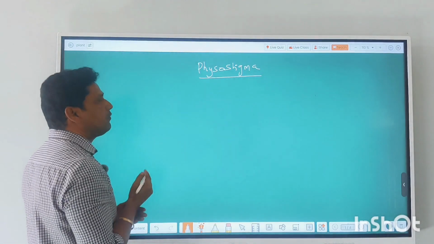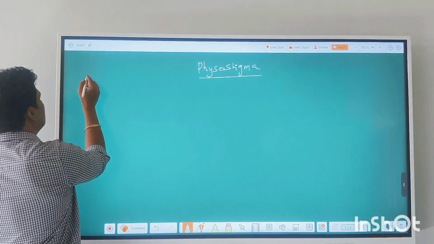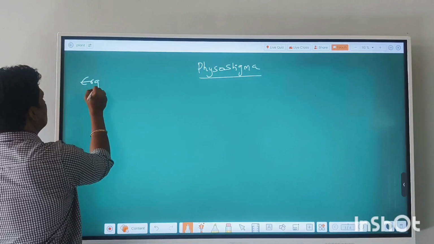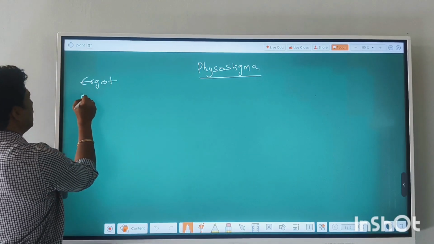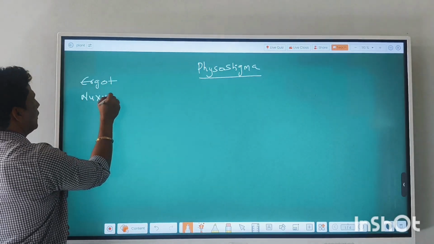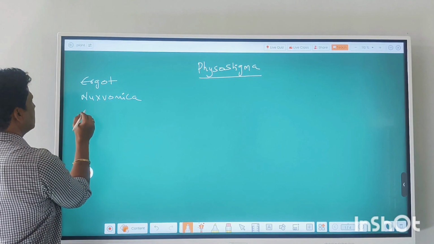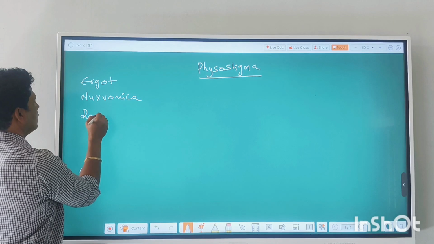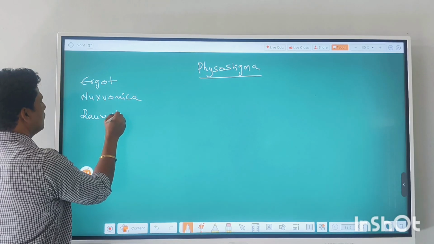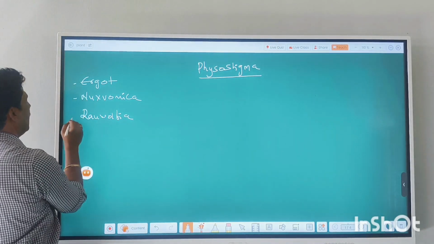The examples of indole alkaloids include ergot, nux vomica, Rauwolfia and Vinca.